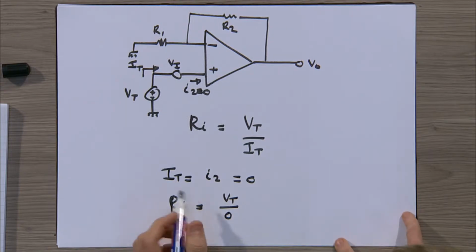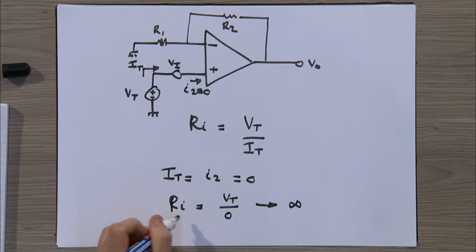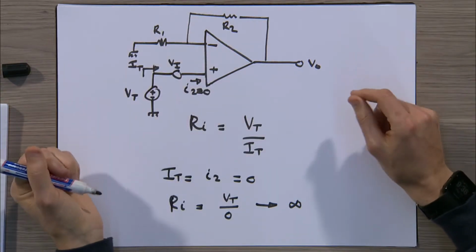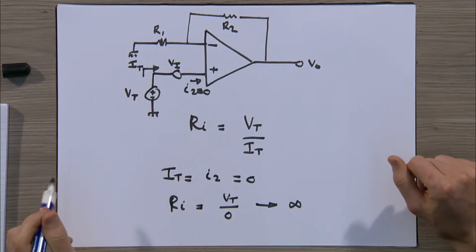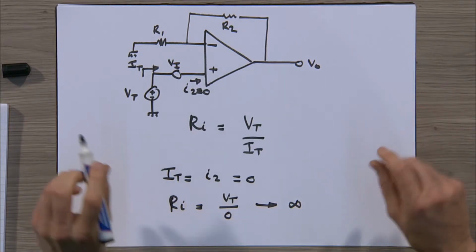Whenever we divide by 0, that leads to an infinity. So our input resistance for this whole non-inverting operational amplifier configuration is also a very, very high value. In the ideal case, we'd like that to go to infinity.